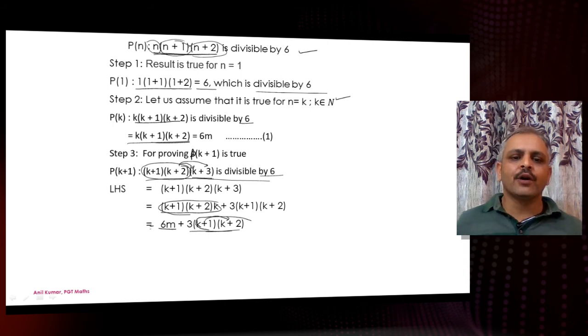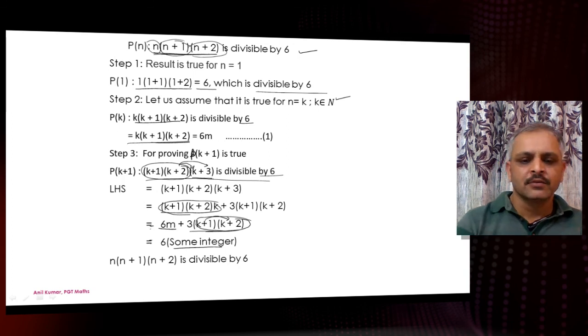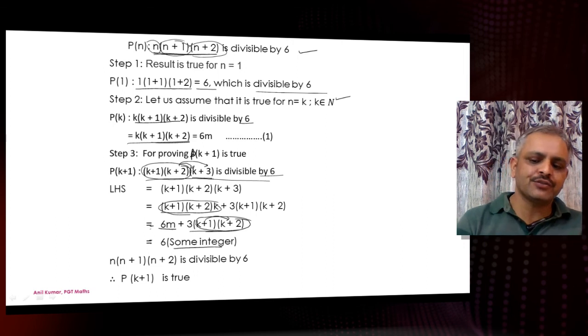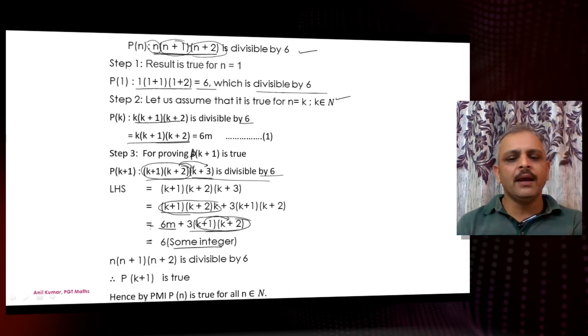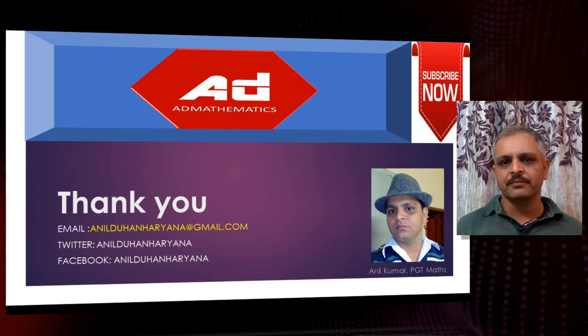That means the product of an odd number and an even number will be an even number. And every even number is a multiple of 2. So I can take 6 common from these two terms. So what do I have left? 6 into some integer. And if it is 6 into some integer, I can say that this is also divisible by 6. So it is true for n is equal to k plus 1 and we can declare that k plus 1 is true. So by PMI, it is true for all n belongs to natural number.